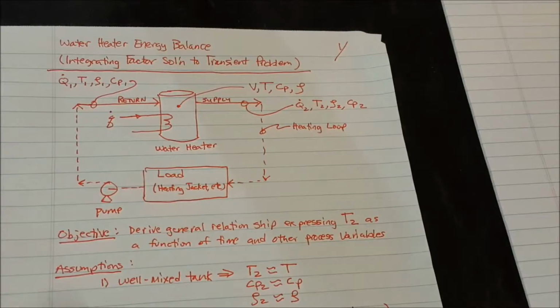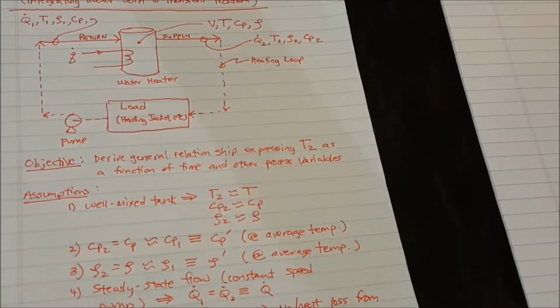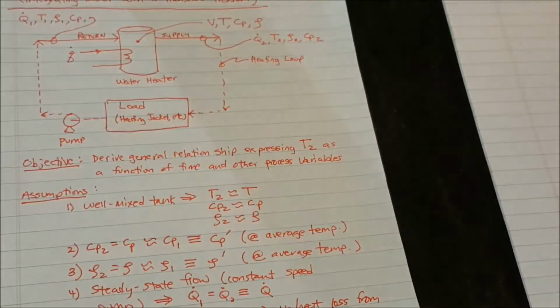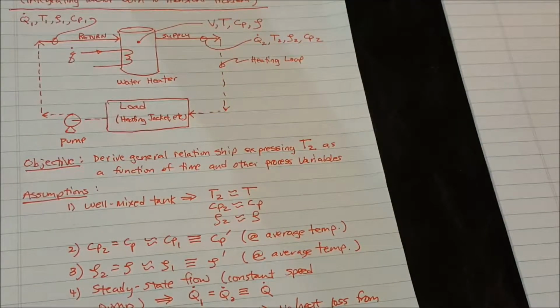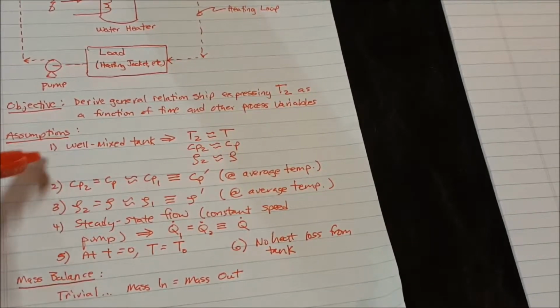Okay, so what's the objective when you perform a balance like this? You want to derive a general relationship so that you can determine T2 as a function of all the other variables and of time. For this case, I'm going to make the following assumptions.